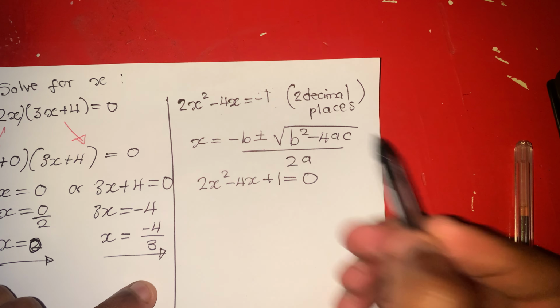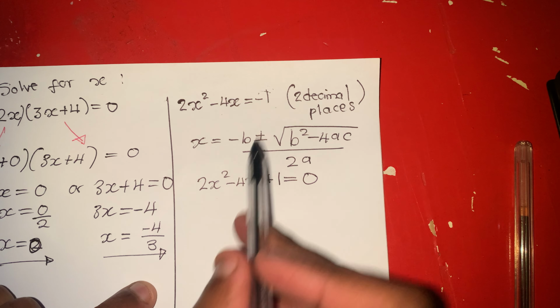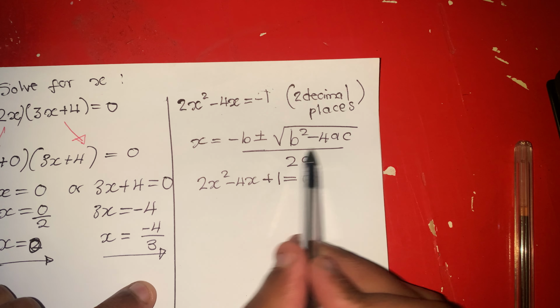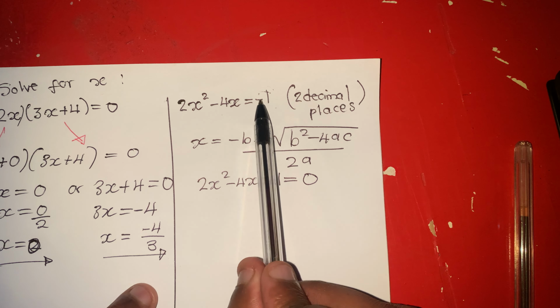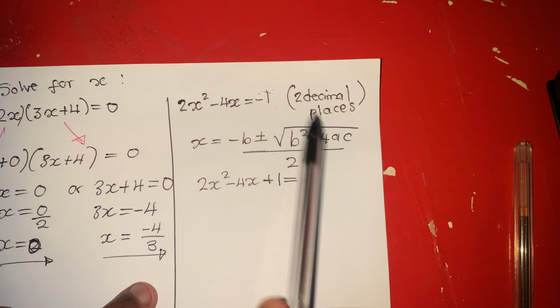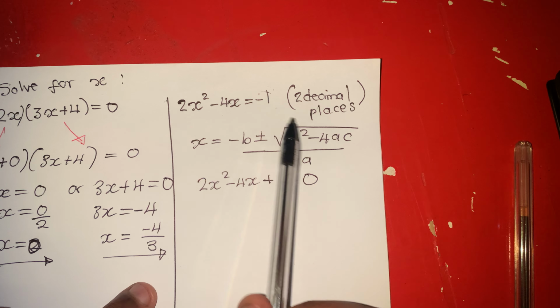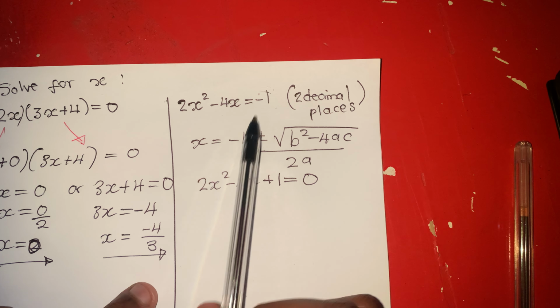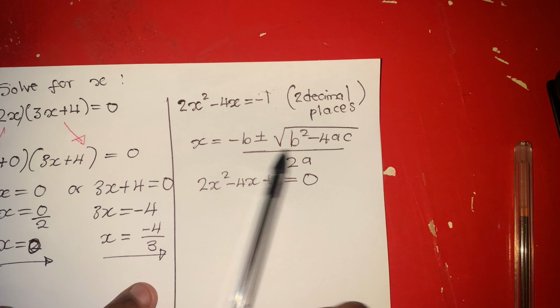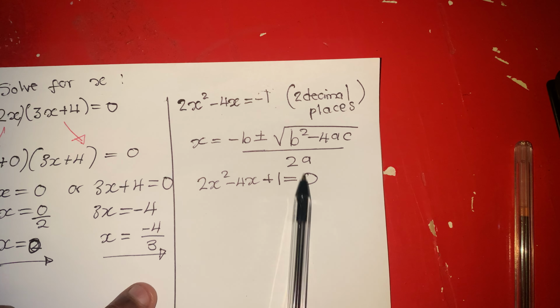It becomes positive, so that your equation is equal to 0 in order to be able to use this. Because if you use it like that, you will assume that c is negative 1, and that's not the case. C is positive 1 because this applies when the whole expression is equal to 0.